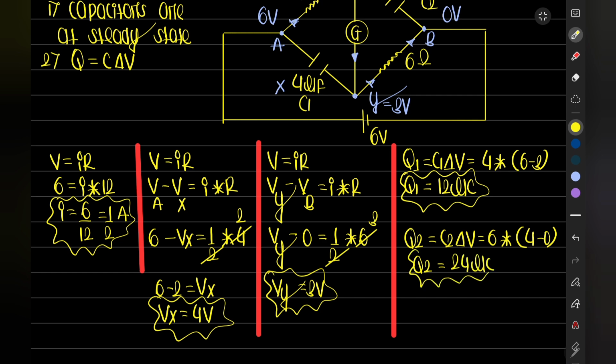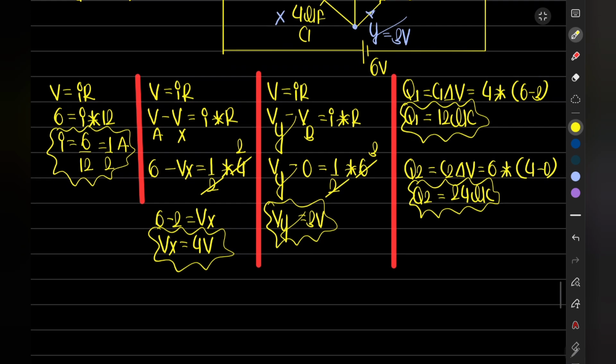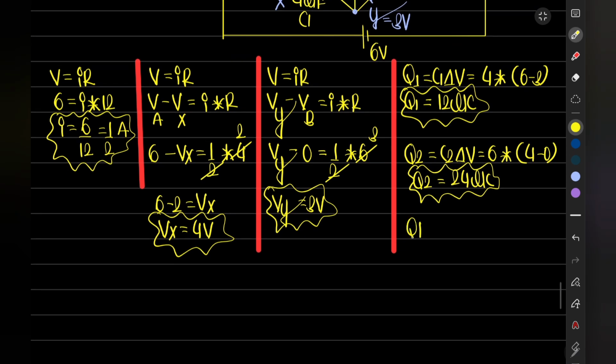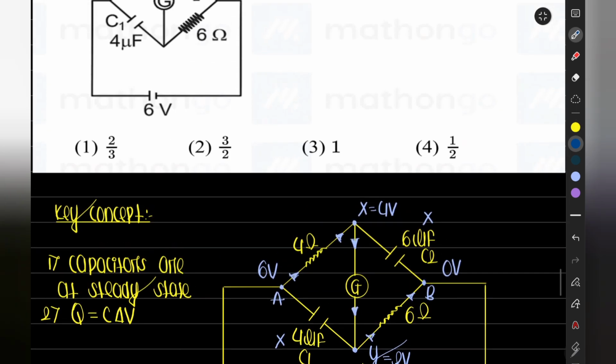Last, we find the ratio Q1 by Q2, which is 12 by 24, which is 1 by 2. So our final answer is 1 by 2. Let's check the options. So we have option number 4. Okay, thank you.